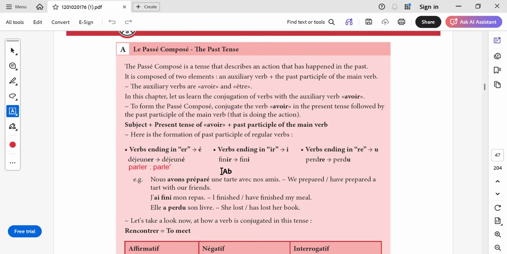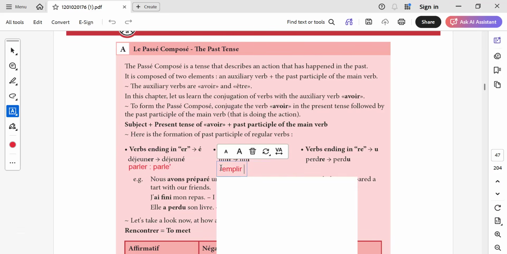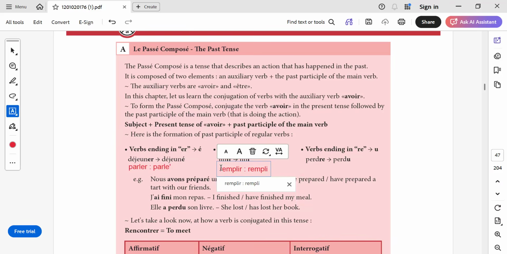For IR ending verbs, we remove IR and add I. So as you can see in the example, finir becomes fini. Let's say if you have remplir, it will be rempli, right? You just simply remove IR and add I. For RE ending verbs, we remove RE and we add U. So perdre becomes perdu.